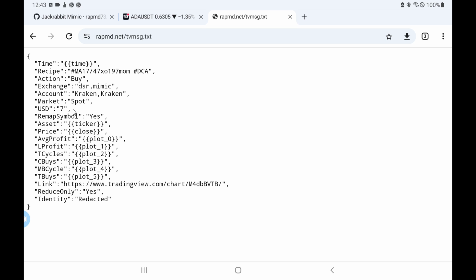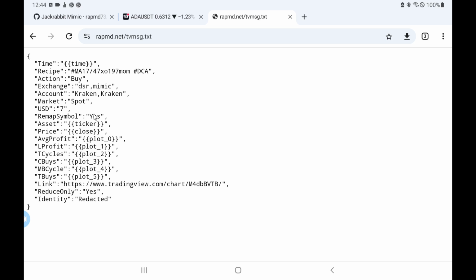I am purchasing $7 worth of product. That doesn't mean I'm going to get $7. By the time you factor in order book supply and demand, and you factor in the fees, it will actually be less than $7 that I receive in my wallet. I am remapping the symbol based upon TradingView's functions.